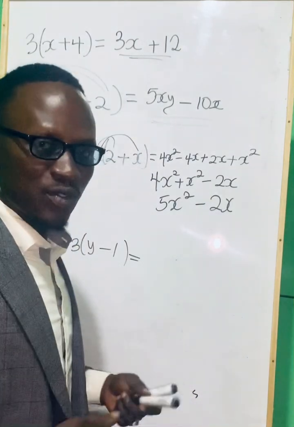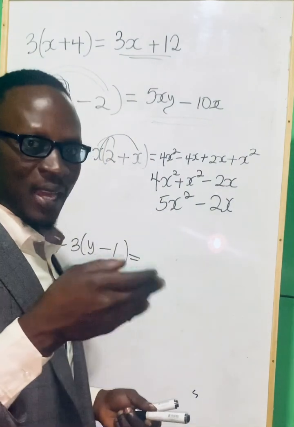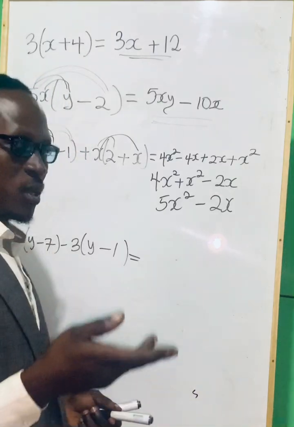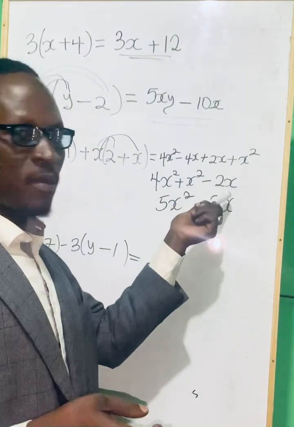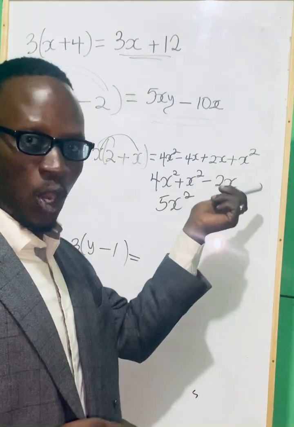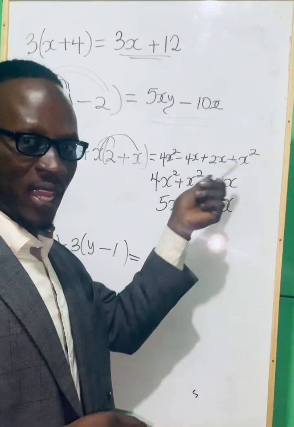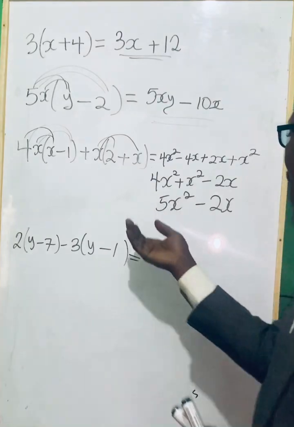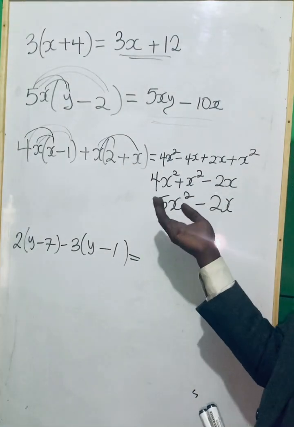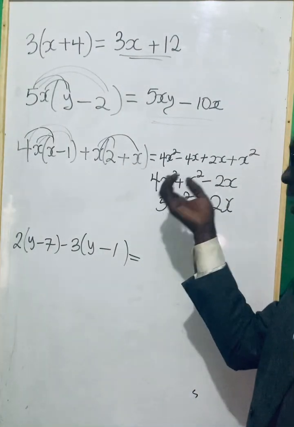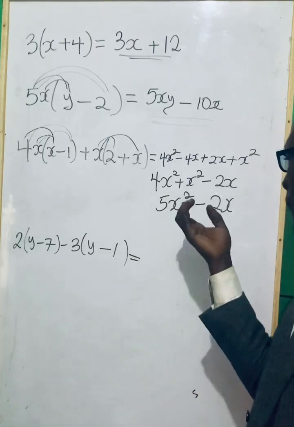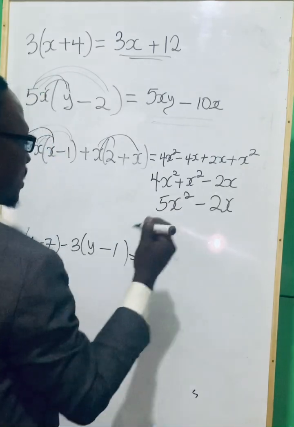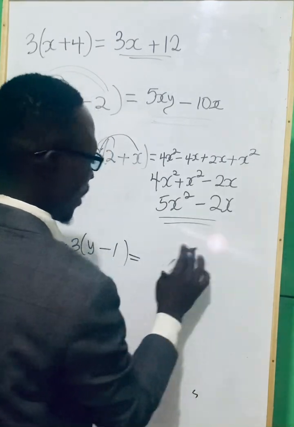But if you are being restrained, then you are picking answers from options, so you have to check first, because they could have stopped at that level and this is the only thing found in the options. So if that is not the case, you can go further to get 5x squared from 4x squared plus x squared, that's 5x squared minus 2x. And that becomes the final answer to the third one.